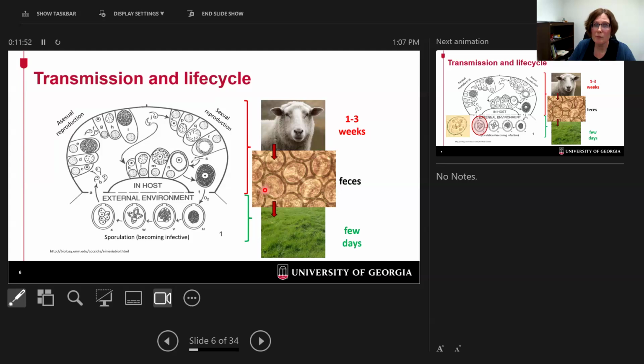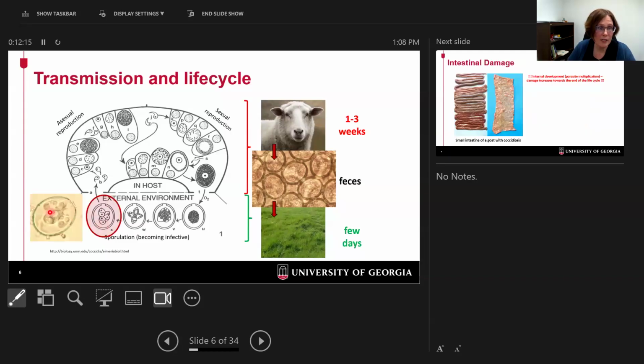That's what I meant when I said we need that external part or environmental part. So there's an extra part of the life cycle that happens on the pasture or in your animal housing where it becomes infective. That's called sporulation, which is just a fancy word for saying once this is done, we will see the parasite being infective.